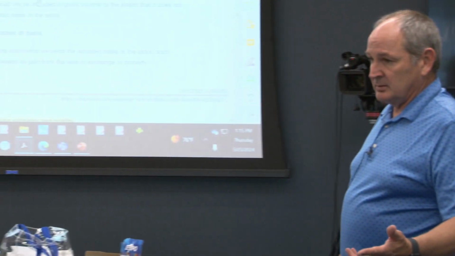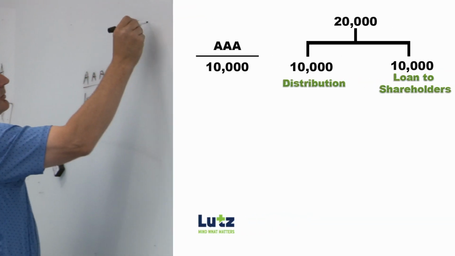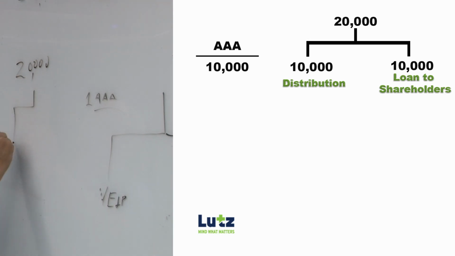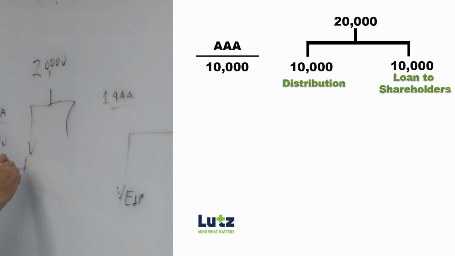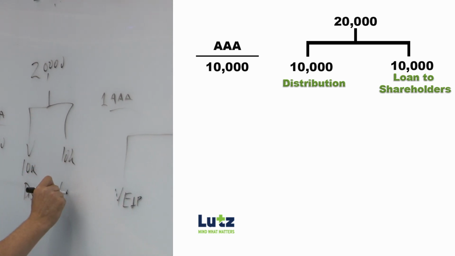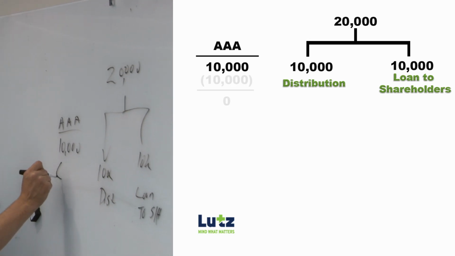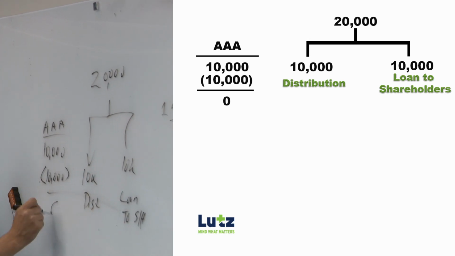And if there's a $10,000 distribution in excess, that's a taxable event. Well, we aren't going to have that happen. So instead, we're going to take this $20,000 amount and do two things. We're going to classify 10,000 as distribution and 10,000 as a loan to shareholder. So now my AAA is 0.